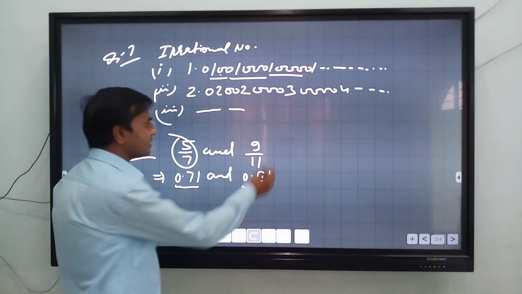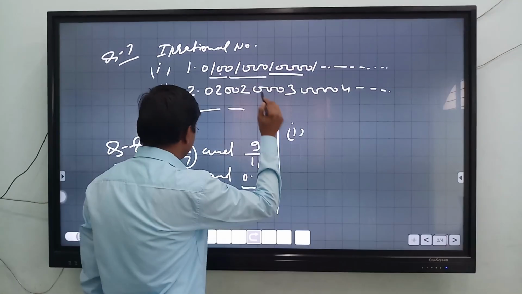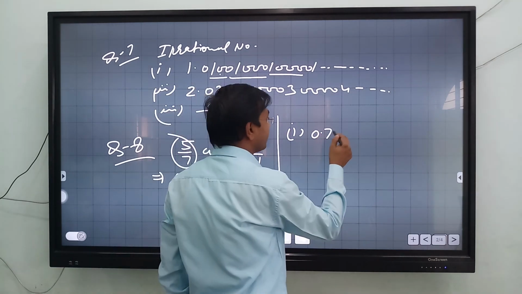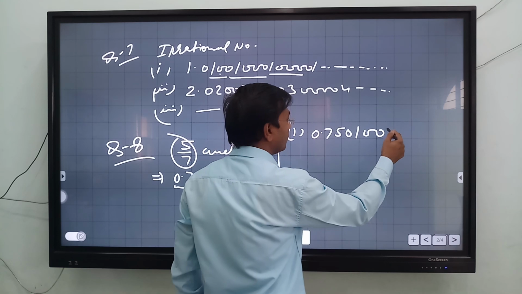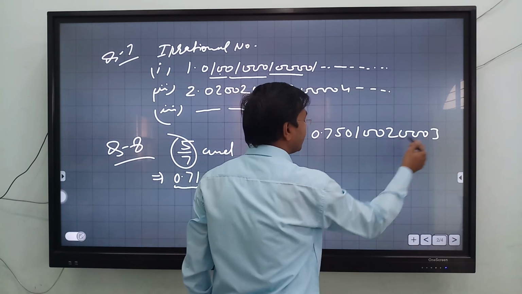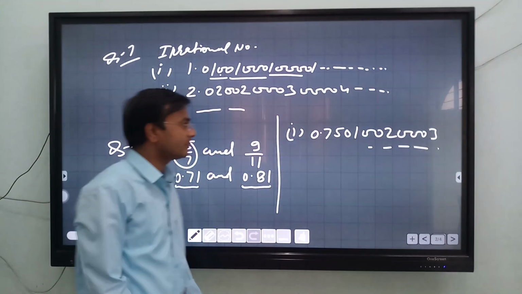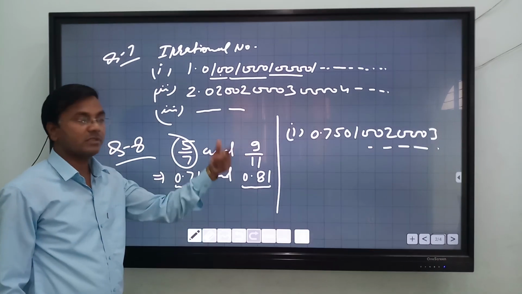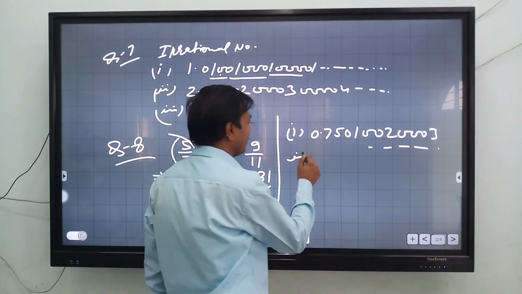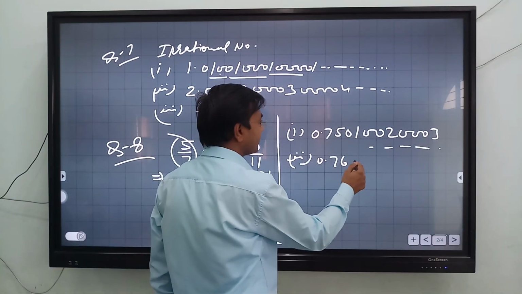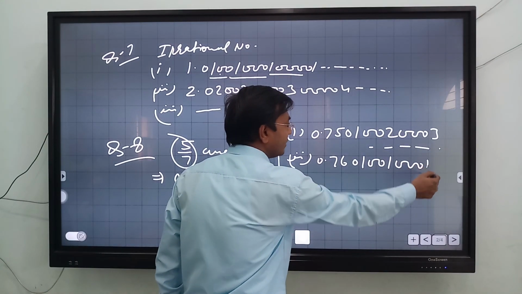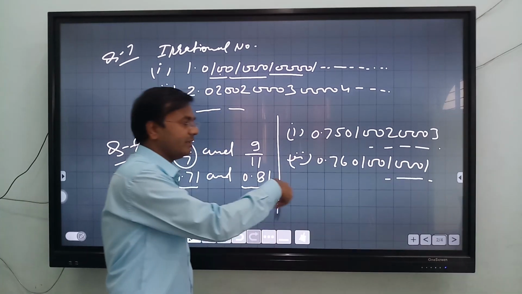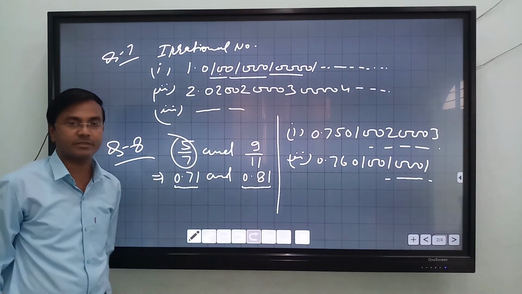There are as many numbers as you like. For example, first we can say 0.75, 01, 002, 0003, and so on, okay. In between this, you may take other numbers like 0.76, 01, 001, 0001, and so on, and you can find as many numbers as you want.